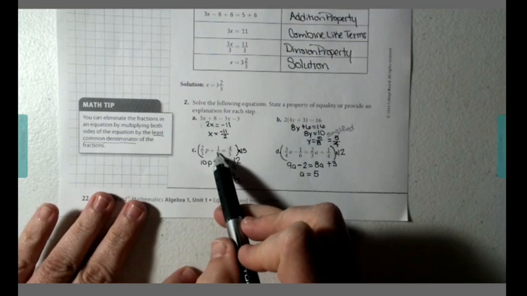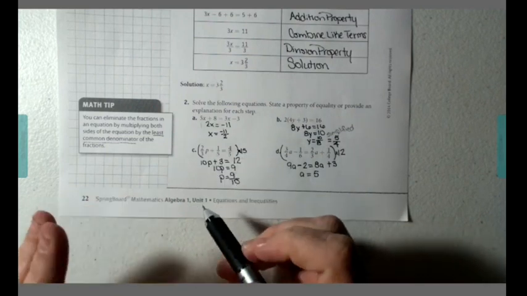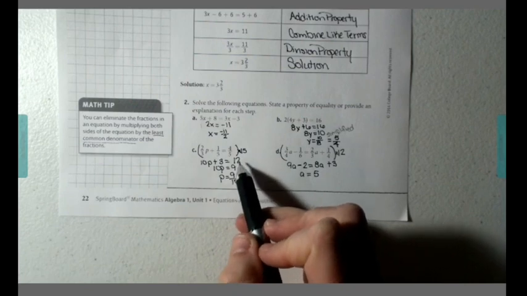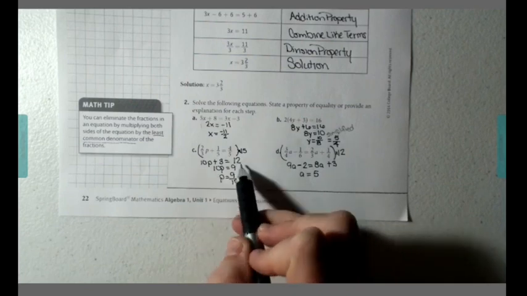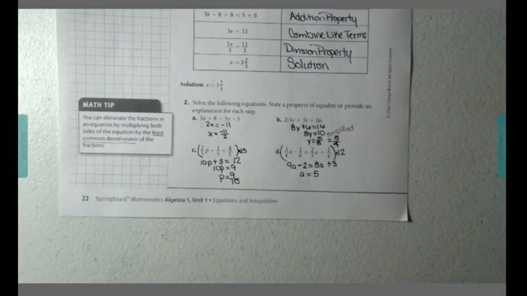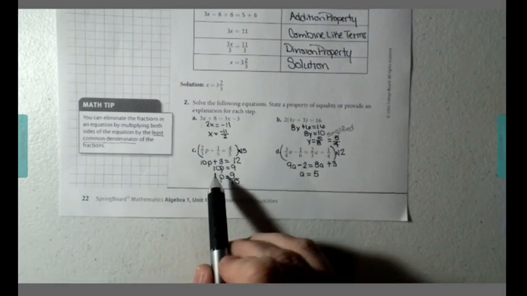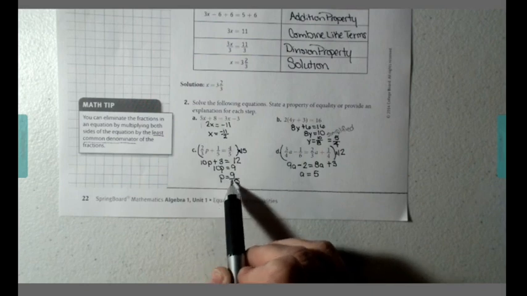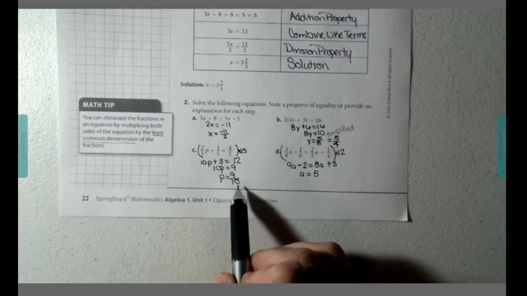And 1/5 times 15 is 3. And 4/5 times 15 is 12. So I multiplied through, got rid of the fraction. Then I did a subtraction property, a division property, and got my answer as 9/10, or 9 over 10.